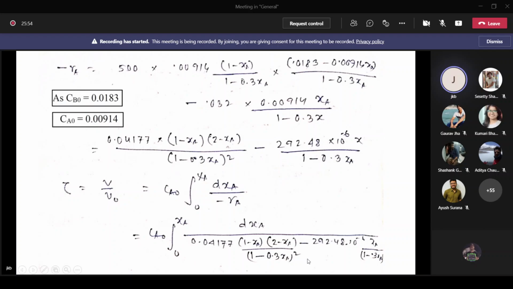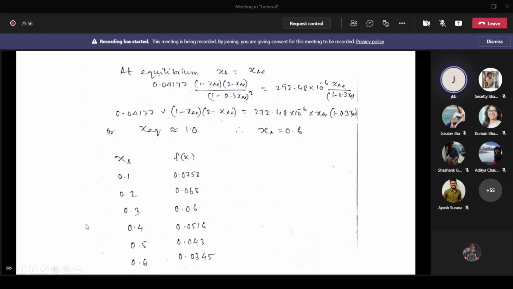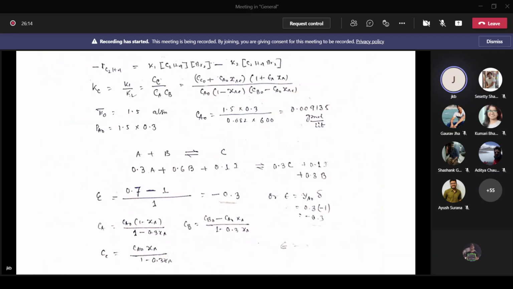Evaluate it for various conversion levels, and we obtain 0.0758 for 0.1 Xa, for 0.2 0.068, 0.3 0.06, 0.4 it is 0.0516, and so on. And you will go up to the given conversion or target conversion.